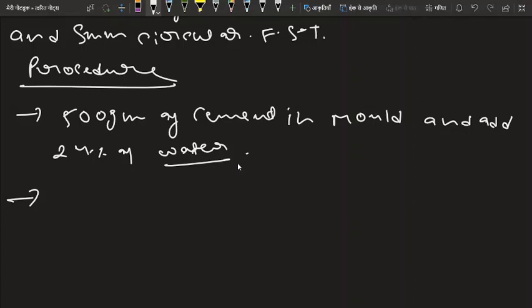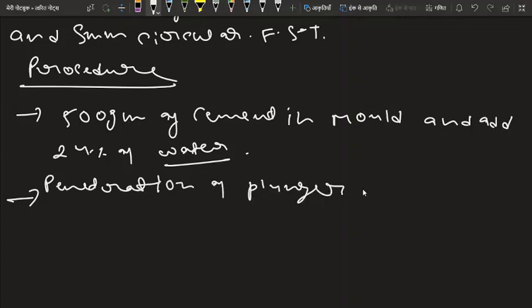initial setting time test. The next point is that the penetration of the 10 mm plunger is noted down. We penetrate the mould containing cement paste and note the penetration of the plunger.